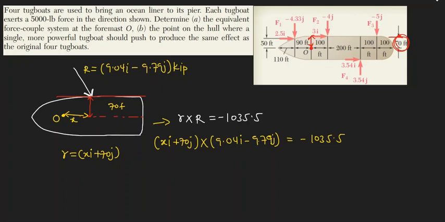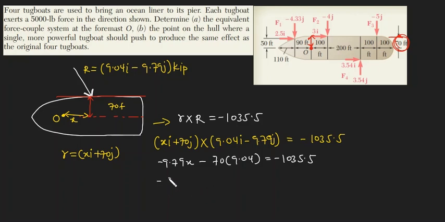So now let's do the cross product. You know how to do it already. You're going to have minus 9.79 multiplying x, and then minus 70 multiplying 9.04, and then this will be equal to minus 1035.5. So let's simplify this and see.